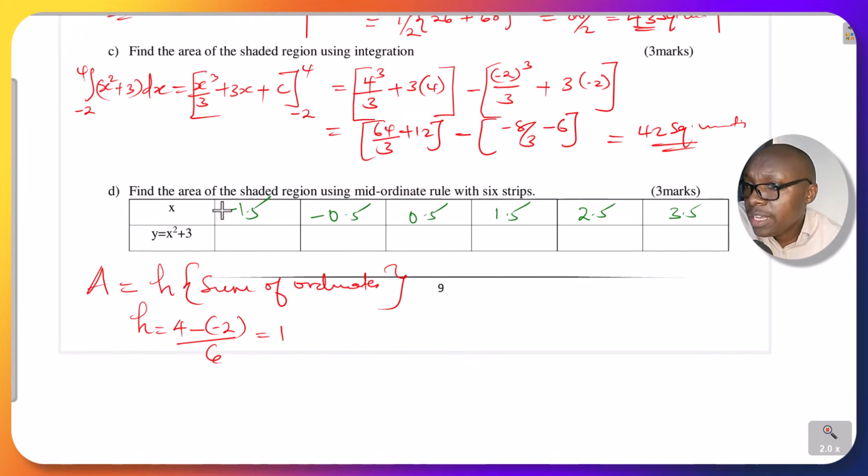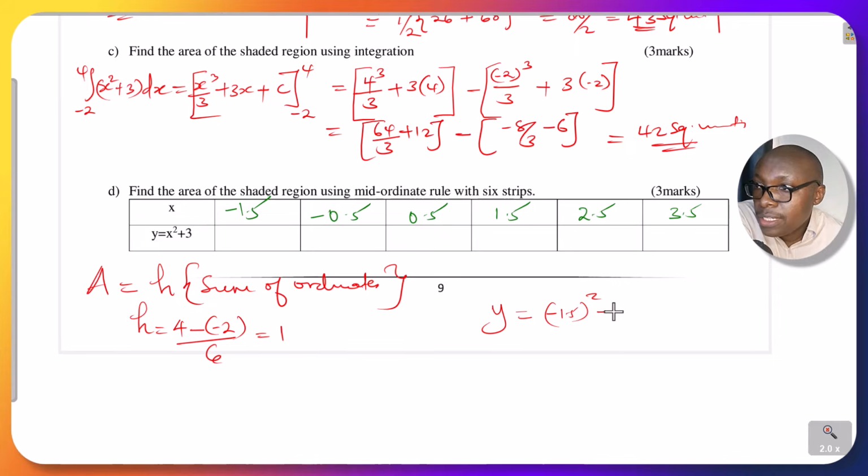So after getting the heights, now you use this equation to fill this table. So again, I will demonstrate using the first one, and then we'll fill all the others. So when x is equal to negative 1.5, y is x squared. X is negative 1.5. Just put it the way I fill it in the calculator, the way it is, using the brackets, very important.